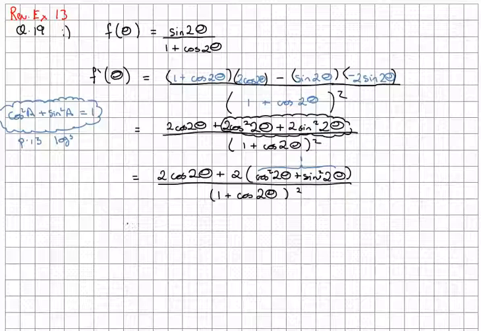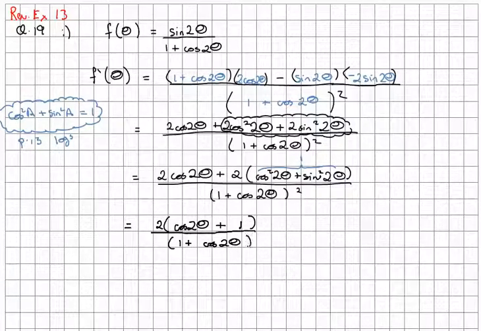Okay, going back, so what do we have on the top line? We have 2 times cos 2 theta on the left, plus 2 times just 1 on the right. So you can factor out that 2, and on the bottom I've got 1 plus cos 2 theta being squared, which is the same thing as the bracket below.